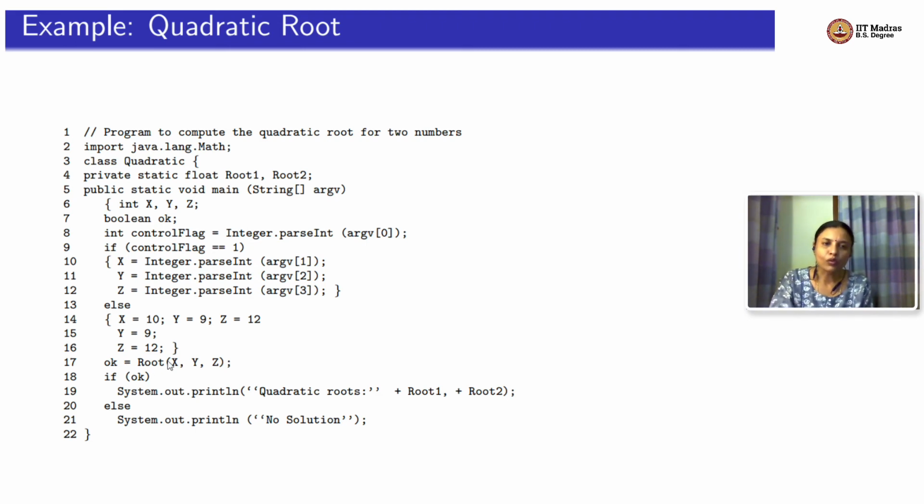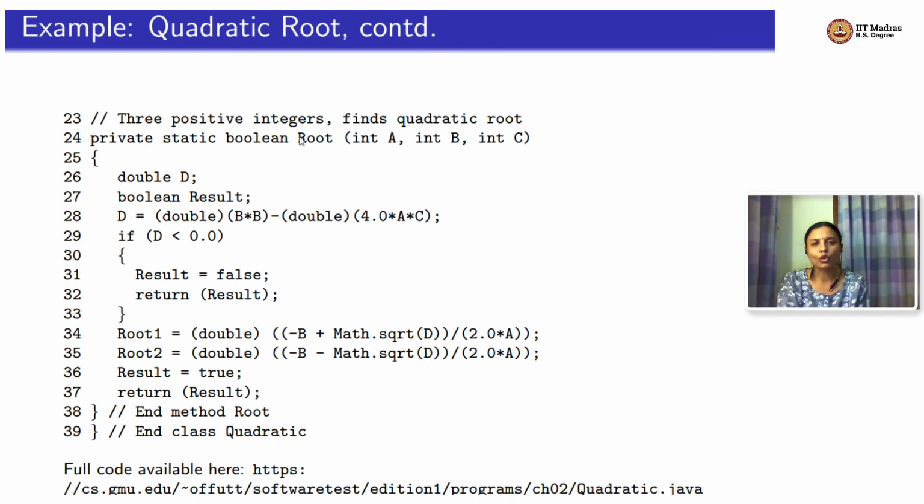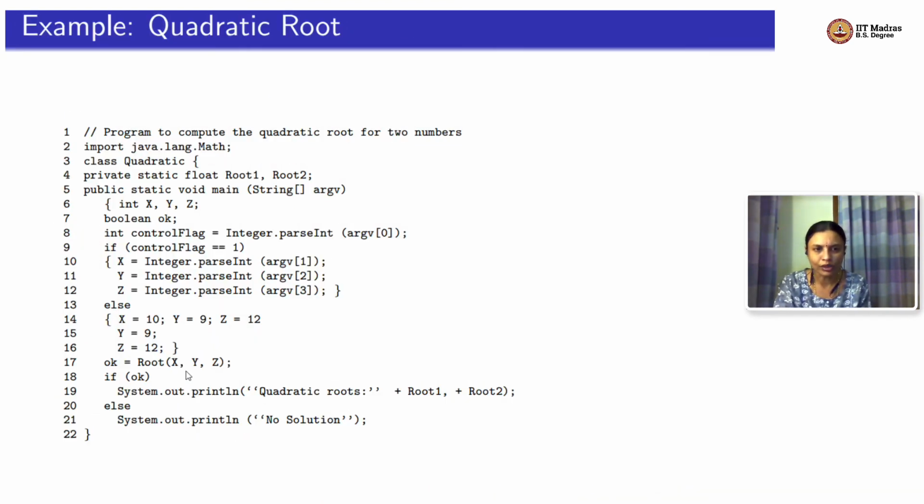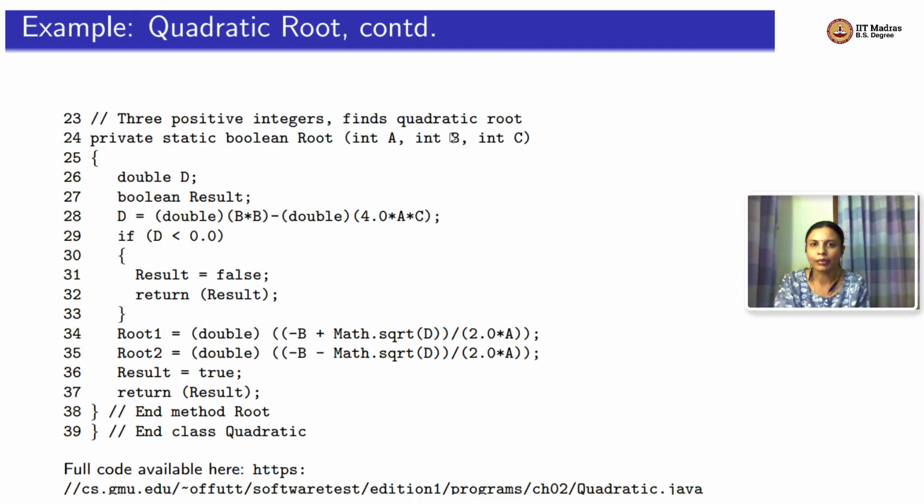Let's go. Now control transfers to root. The method root takes x, y, z, which are three integers, as a, b, and c. So x is coupled with a, y is coupled with b, z is coupled with c. And this just computes the quadratic root. It has a local variable d and another local variable result. First, it says d is b squared minus 4ac, the usual formula. If d is less than 0, it says, sorry, I can't compute roots.